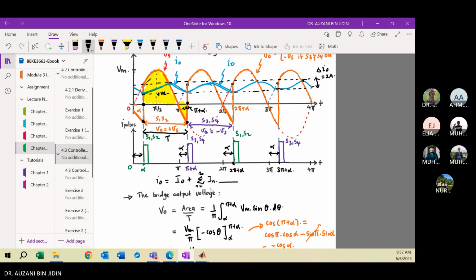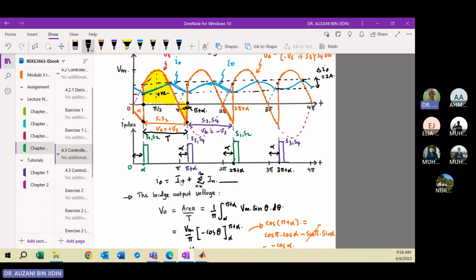So the first harmonic component will be what? N equal to 1, 2, 3, 4, 5. Actually, you cannot say 1, because 1 is the frequency at the fundamental frequency 50 Hz. Because this is the rectifier, no N equal to 1.